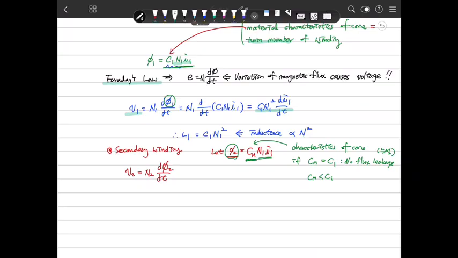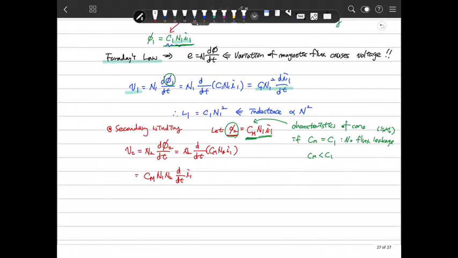So we insert N2 d/dt Cm N1 I1. So there will be Cm N1 N2 d/dt I1.